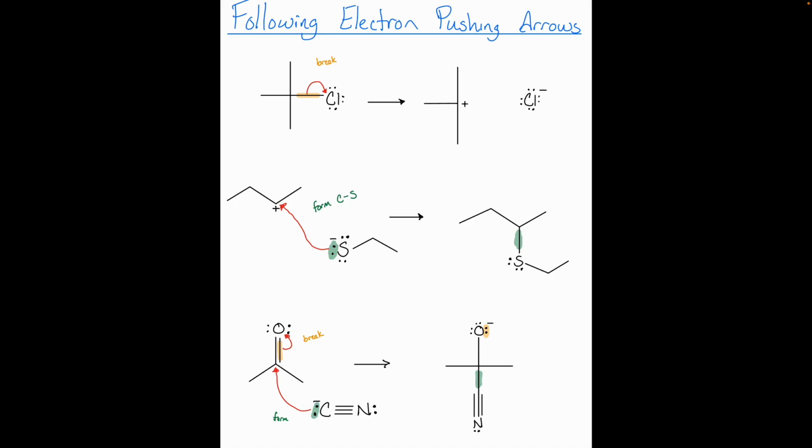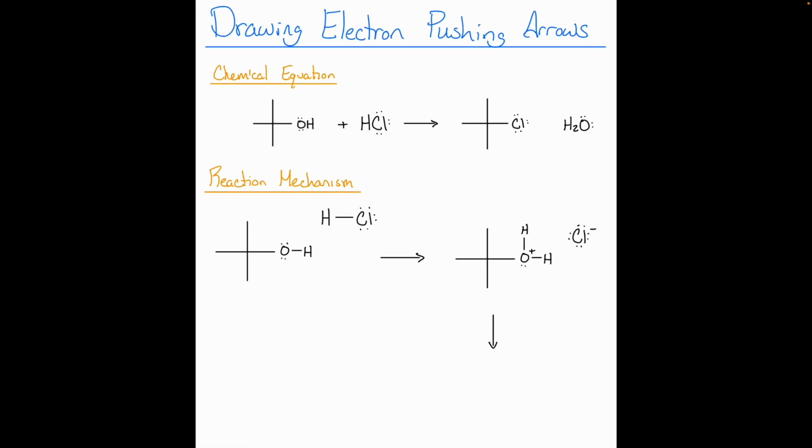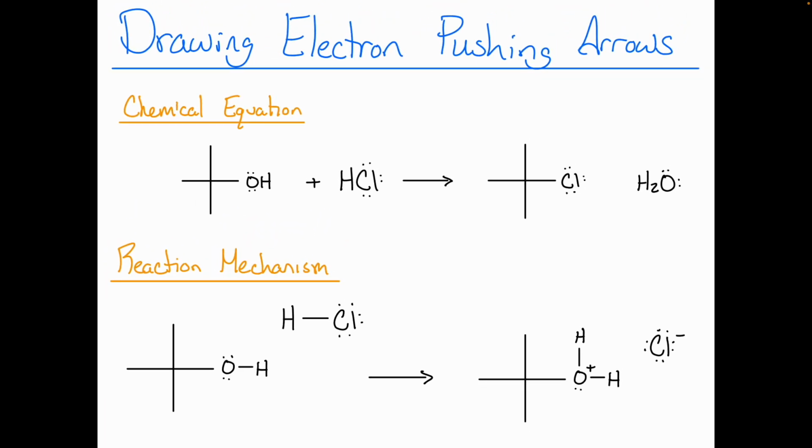Okay, now we're going to do sort of the next game here. We're going to draw in the electron pushing arrows ourselves. Okay, so first of all, this is kind of a preview as to when we start our discussion of alcohols. Alcohols are something that you've kind of encountered a bunch, but we've never specifically focused on in this course.